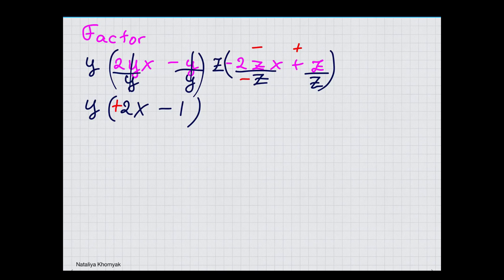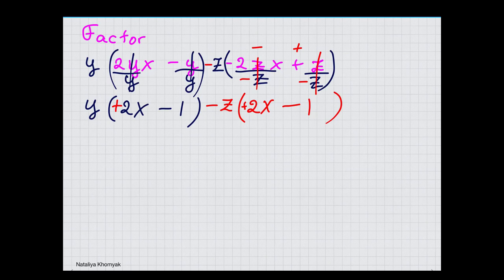So we're going to divide both of these terms by negative z, and we will be left with, this will cancel, negative 2 divided by negative z, positive 2x, positive z divided by negative z, we will get negative, something divided by itself, 1.